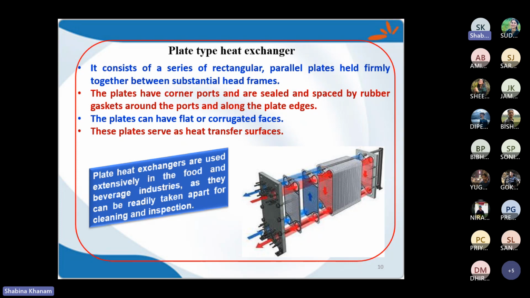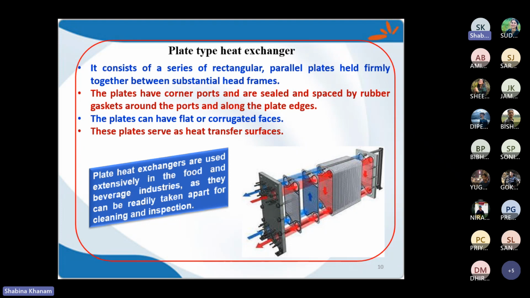Therefore, the limitation of this type of heat exchanger is that we should consider comparatively clean fluid over here instead of fluids with more fouling tendency. Therefore these are used in the food and beverage industry, where contamination and fouling are less expected in comparison to other industries.